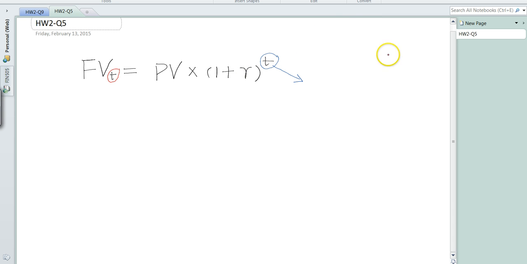But we have to be very careful, because sometimes the year when you receive the cash flow may not be the true current year or year 0. So the second t actually stands for the number of periods, and if it's annually compounding, then it's the number of years between the year when you receive the cash flow and the year for the future date.